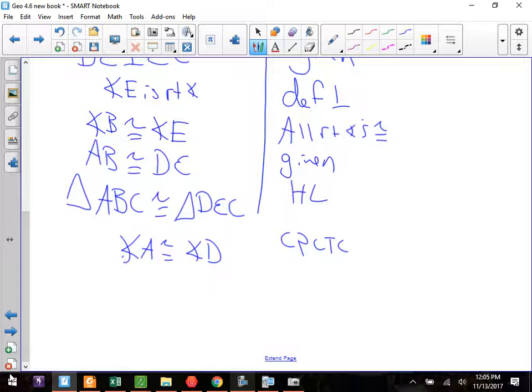And again, it's kind of the same thing over and over again. Really, you only had to figure out how you are going to show the triangles congruent. It's really the only thing in that whole proof you had to do on your own. Everything else was kind of written out for you. Okay?